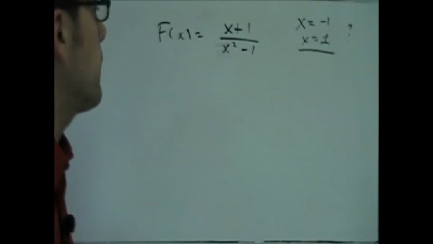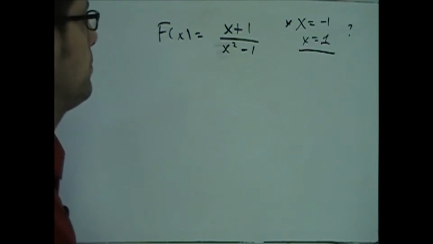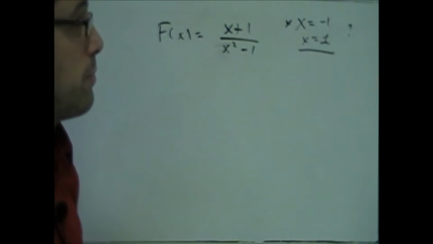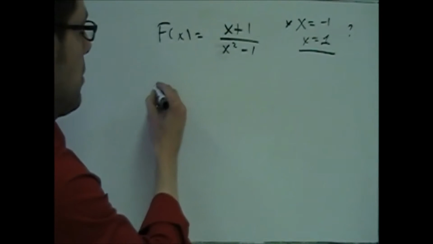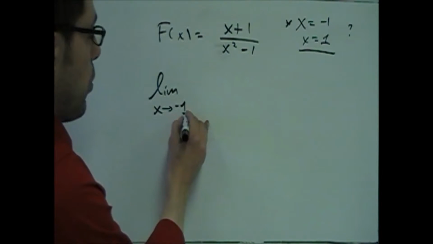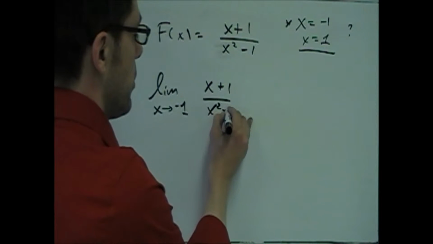Okay, so let's take a look. First of all, let's look at this first point here, x is -1. In order to investigate the behavior of the function nearby that point, let me take limits. So I compute the limit as x approaches -1 of my function, x plus 1 over x squared minus 1.